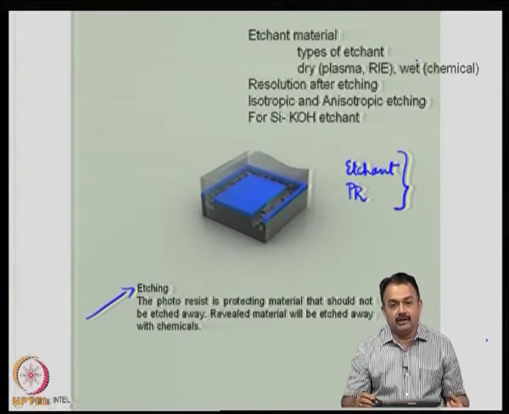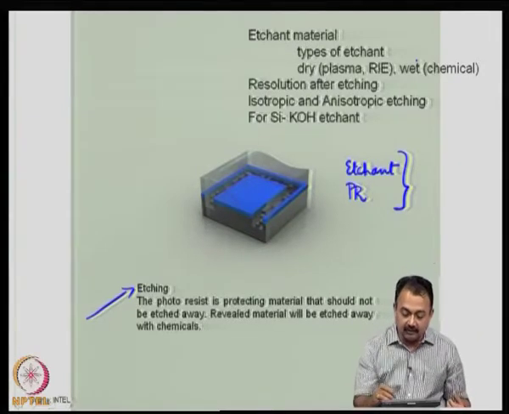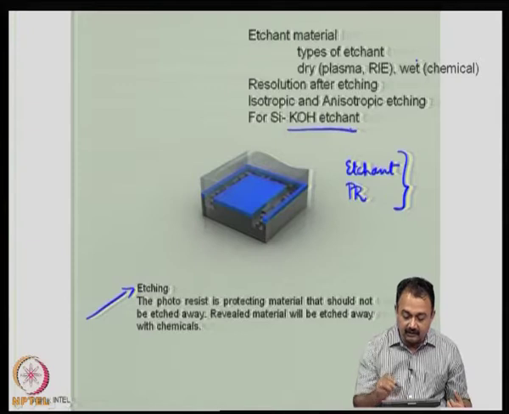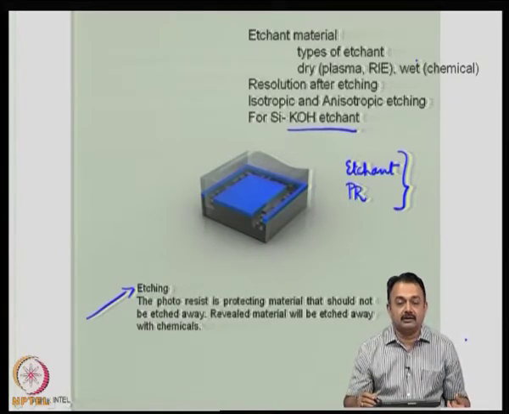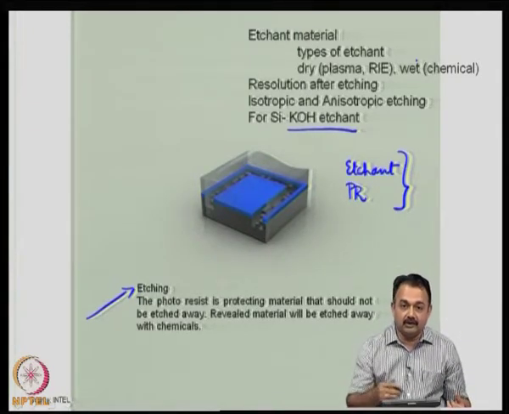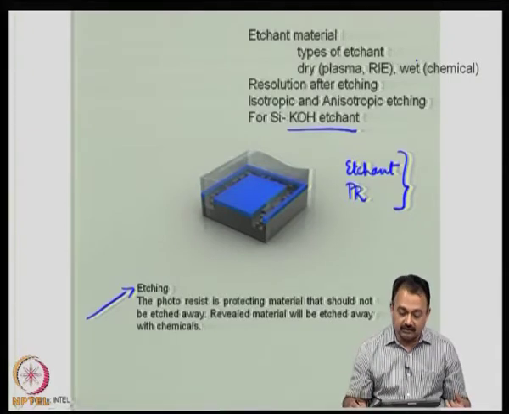Typically, we use wet etching, that is by chemical. For example, for silicon, potassium hydroxide, KOH, is the etchant. There may be other etchants for different materials, even in the same semiconductor fab process.